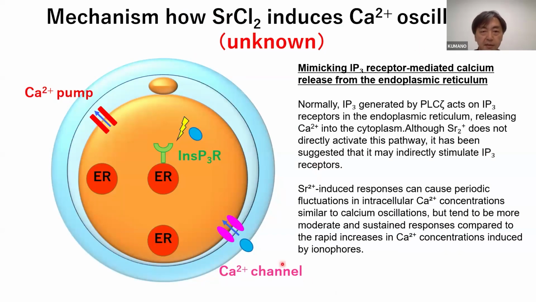But the strontium ion comes into the ooplasm through the calcium channel. After that, it's not well known, but indirectly, the strontium ion activates the IP3 receptor on the surface of the endoplasmic reticulum and induces the calcium oscillation.